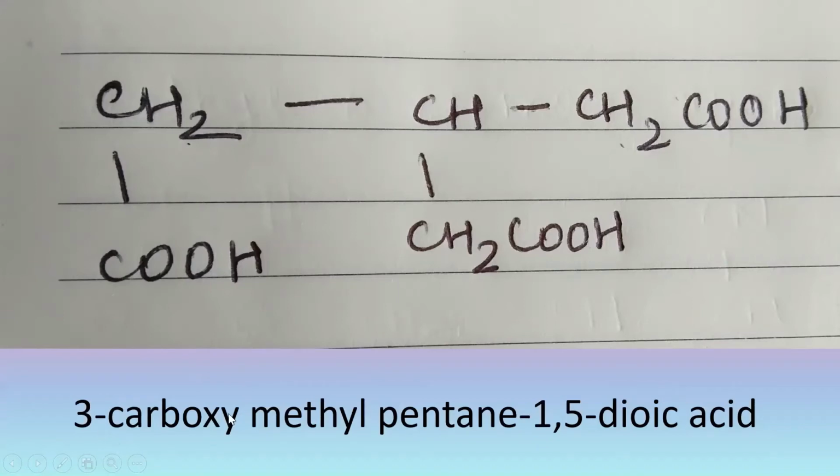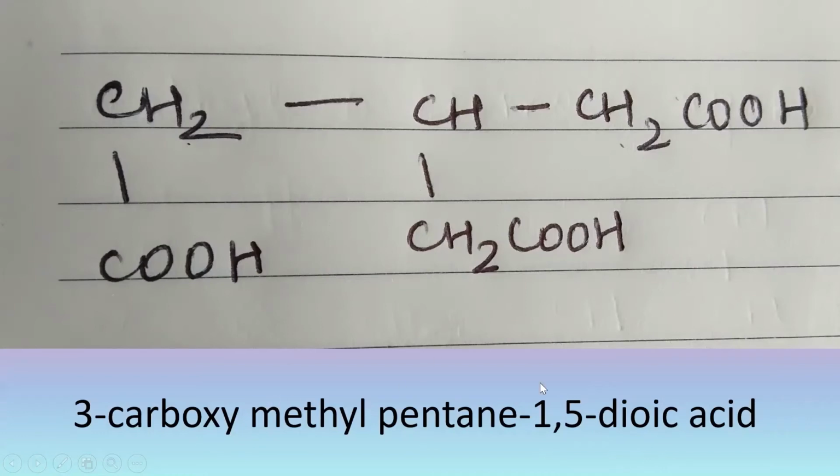So the name will be 3-carboxymethyl pentane 1, 5 dioic acid, because the principal functional group, a carboxylic acid, is present on the 1st and 5th carbon. So you name it pentane 1, 5 dioic acid, because there are 2 carboxylic acid groups present here. 3-carboxymethyl, because you have a methyl group that has a carboxylic acid attached to it as a substituent.